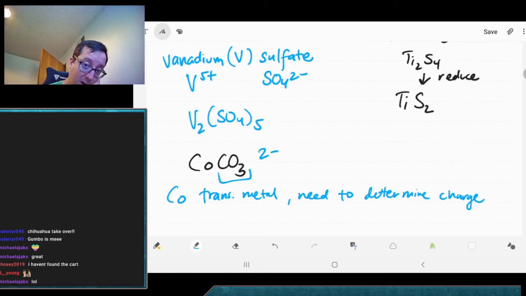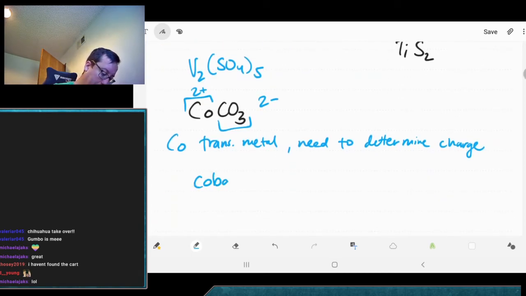We have one carbonate, and we have one cobalt, so therefore they have to have the same charge. So our cobalt here must be 2+. And so we need to call this cobalt II carbonate.